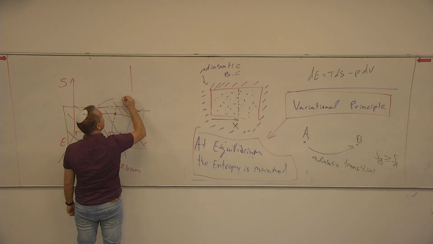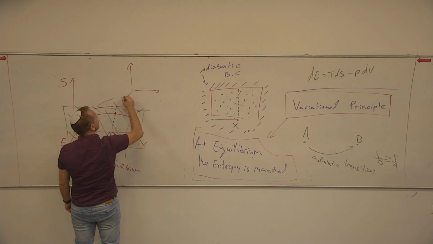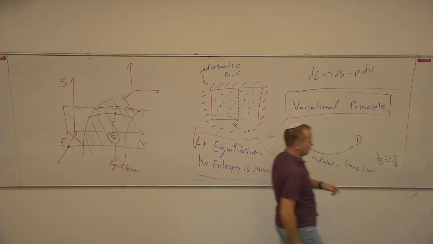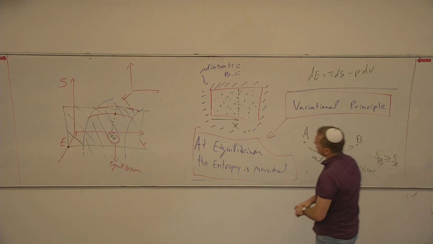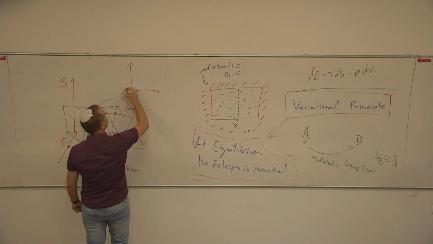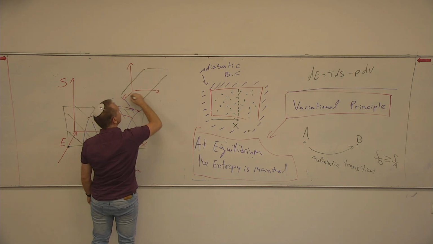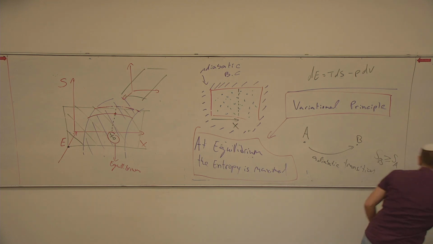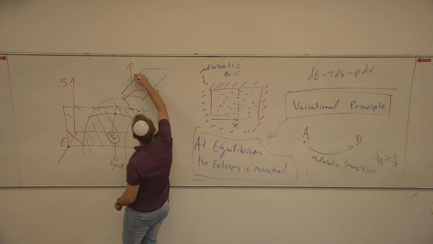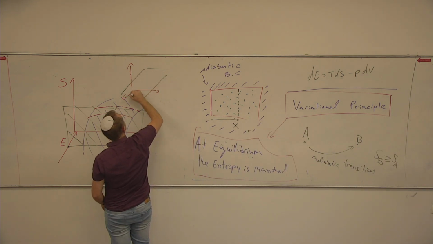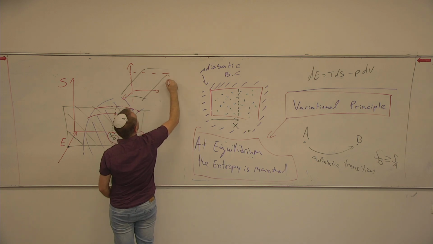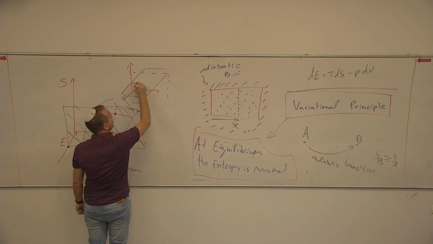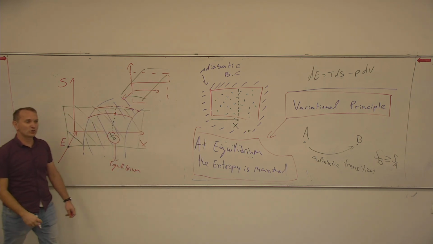You have one plane that goes like this, and another plane that will go like this. And there is one specific line where they cross each other.